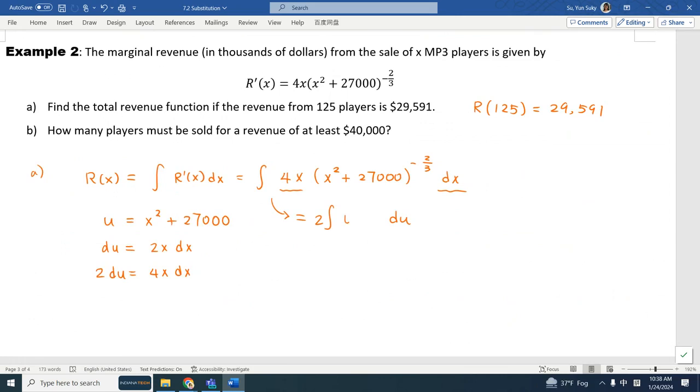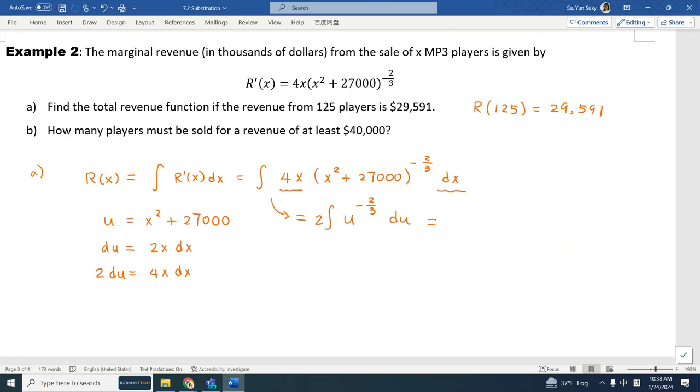U to the... Yes, good. We use U substitution, and then we put the U inside. We get easier integral of U. So it's one of the three types: a power function, exponential function, or 1 over x. If you don't see one of those three types, it means you probably have some mistake. Go back and check your work. Maybe your U is wrong and try a different U.